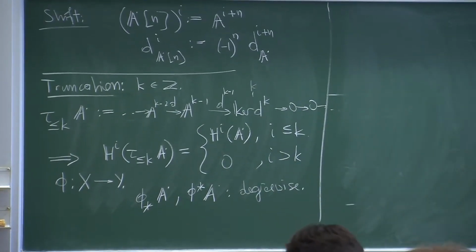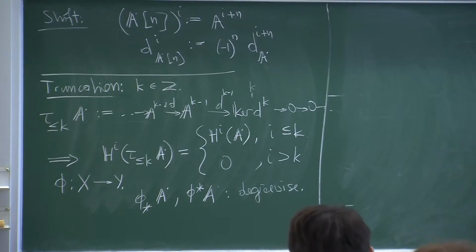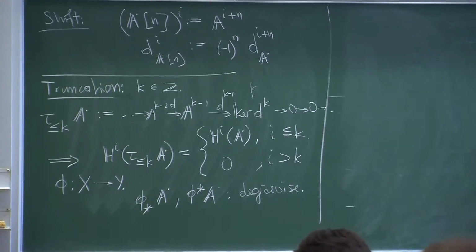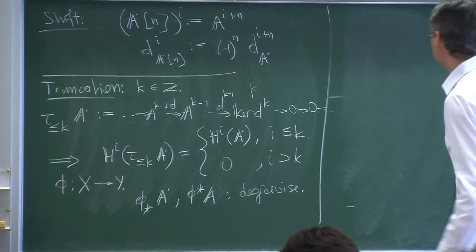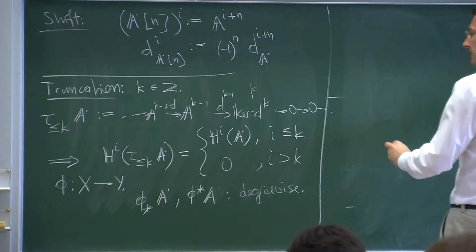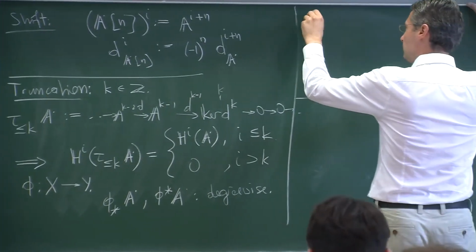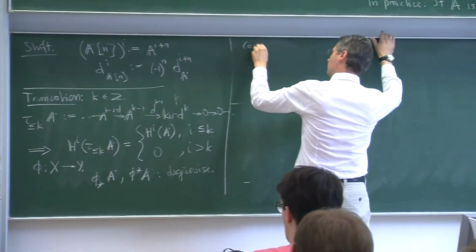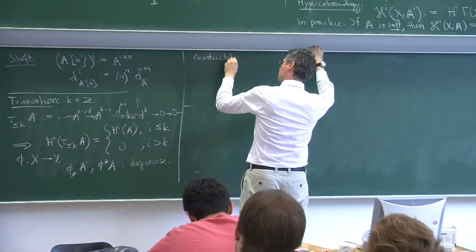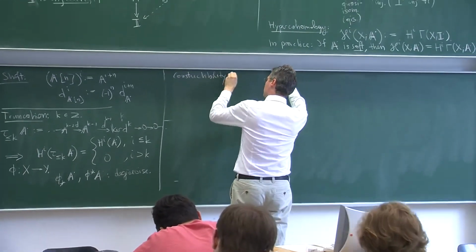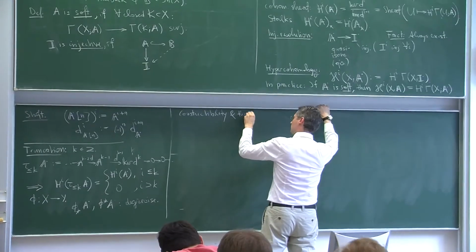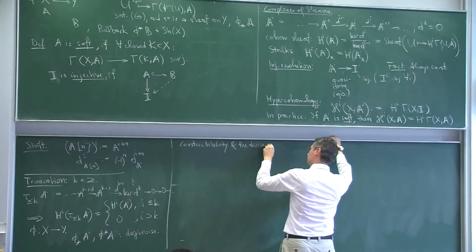So now I go on to what's called constructibility, which is an important technical assumption that we have to make. So we will mainly be interested in sheaves that have the following properties. So I'll talk about constructibility and the so-called derived category.